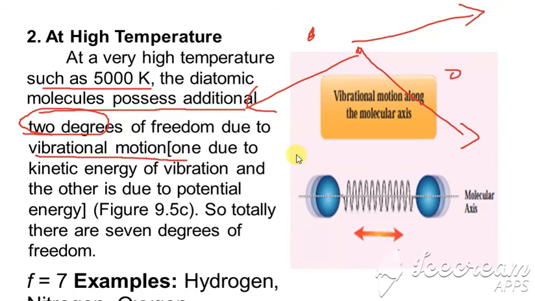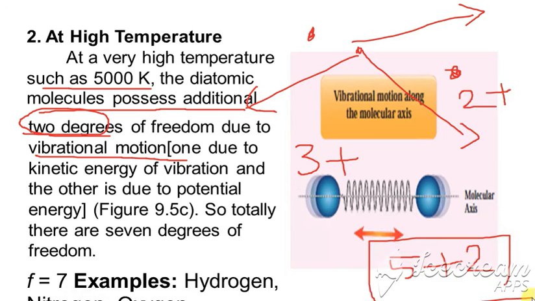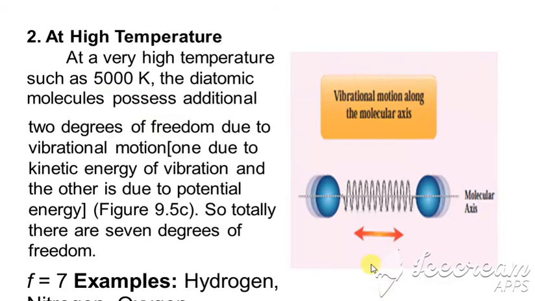Plus there are 2 more degrees of freedom, because the particle is at high temperature. So it has 2 extra degrees. Already we have 5 degrees of freedom for normal temperature, then 2 additional, so totally we have 7 degrees of freedom. Examples are hydrogen, nitrogen and oxygen, etc. Clear with this? So this is for diatomic.